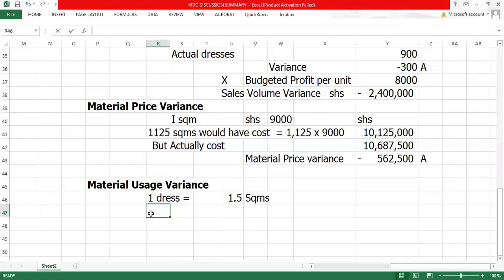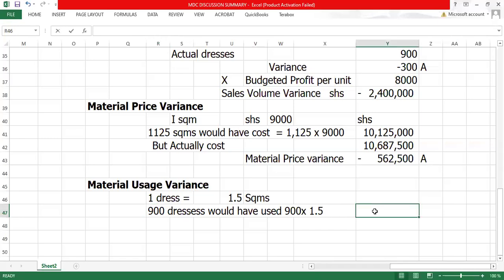From the question, we saw that the company made 900 dresses, the actual. So these 900 dresses would have used 900 times 1.5 square meters according to our budget.